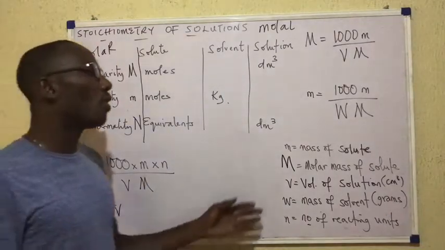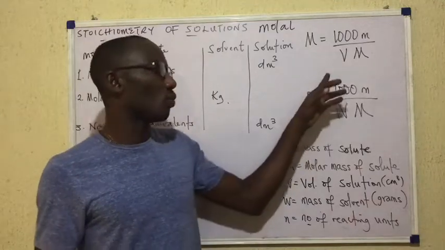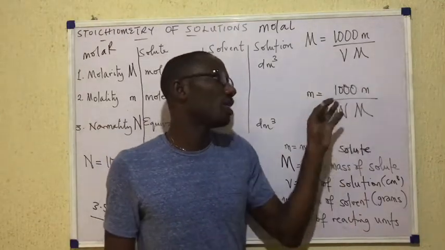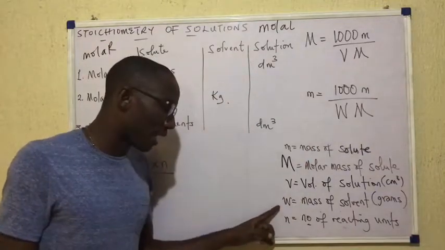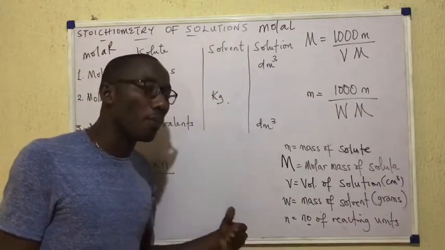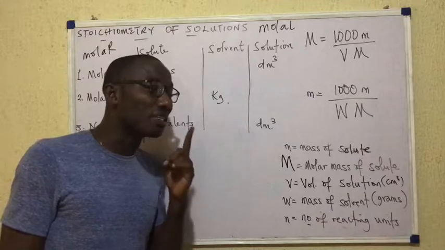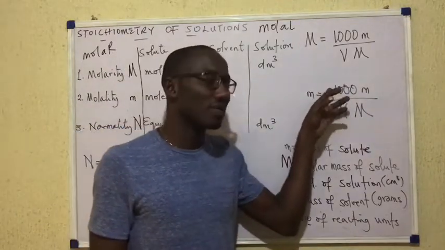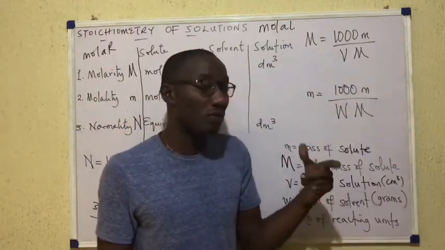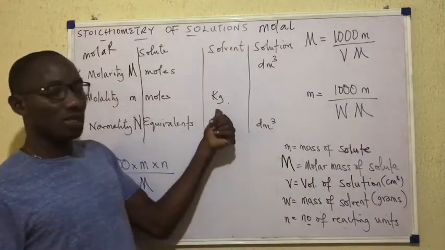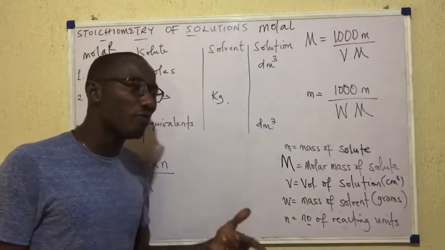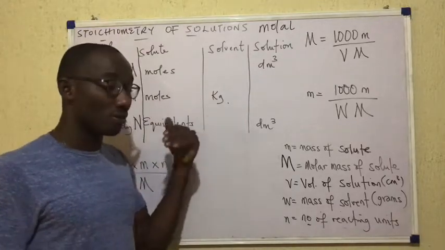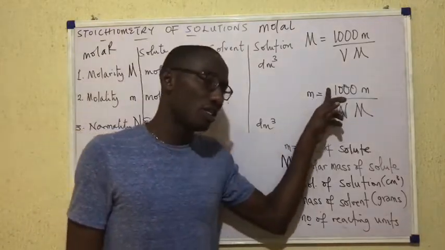Then for molality, molality is 1000 times mass of solute divided by weight of solvent. If you check here, the W is weight or mass of solvent, but in grams. And that means the 1000 there is meant to convert that from grams to kilogram to match the definition. So if we are given the mass of the solvent in kilograms already, we would not need this 1000.